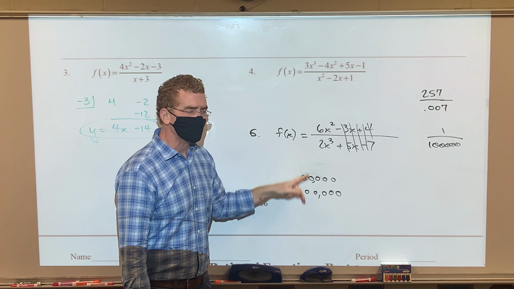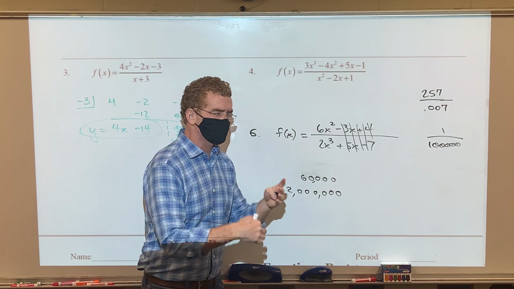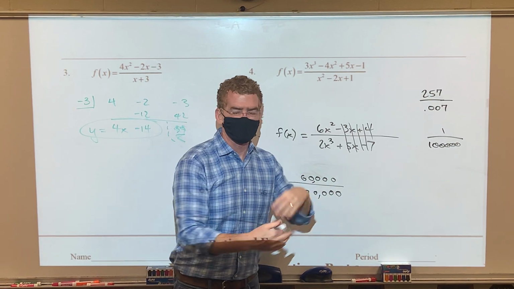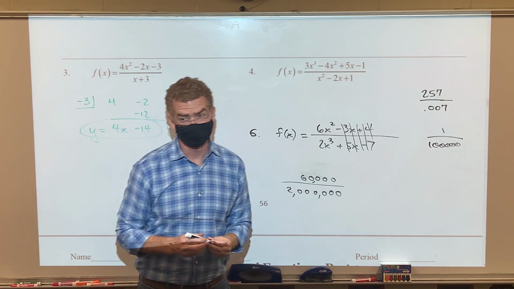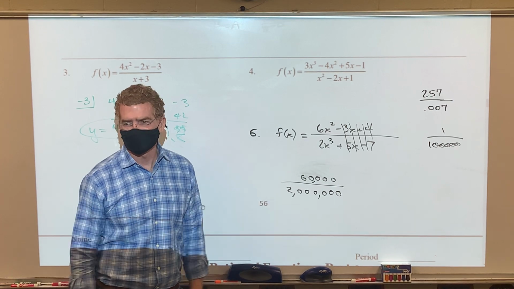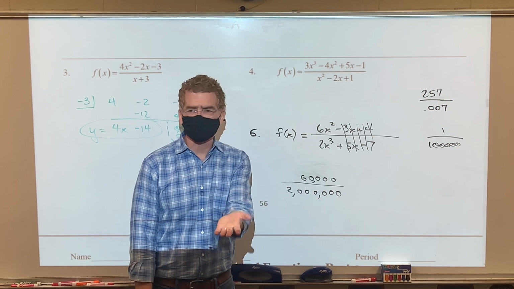And what's happening? The bottom is doing what as I move out to the right? I go past 10, 50, 100, 1,000, 1,000,000, 1,000,000,000. What's controlling the size of this fraction? What's really controlling the size of it? The denominator, because it's a higher power. So the highest power controls.